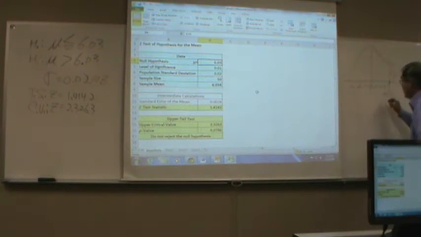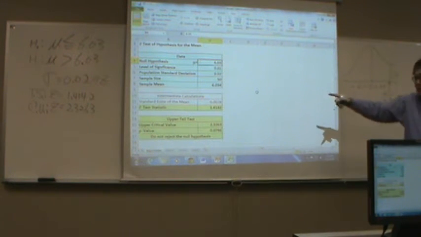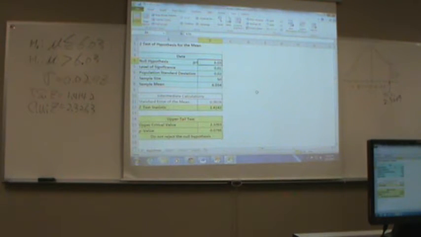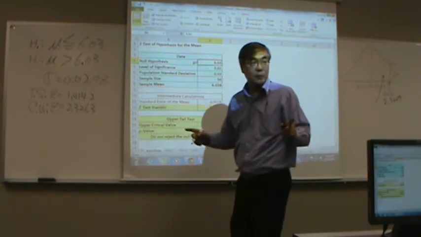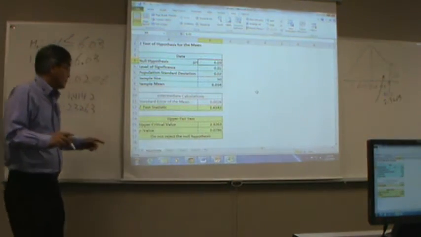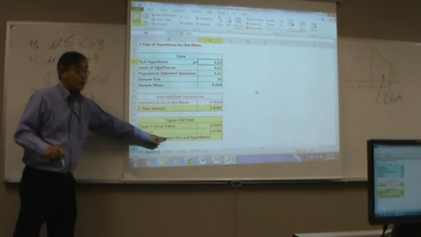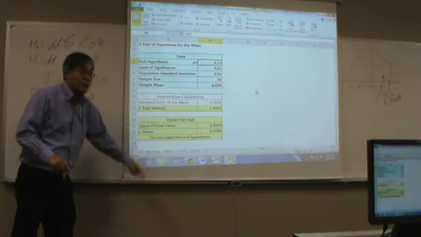So critical value is 2.3263, and then test statistic is inside. So test result decision is do not reject null hypothesis.